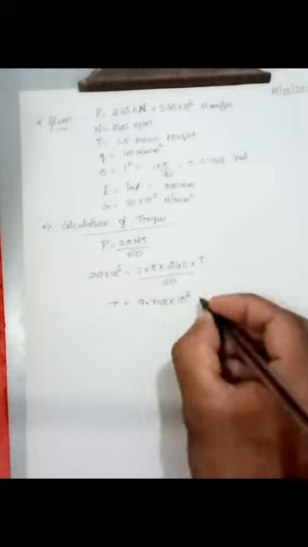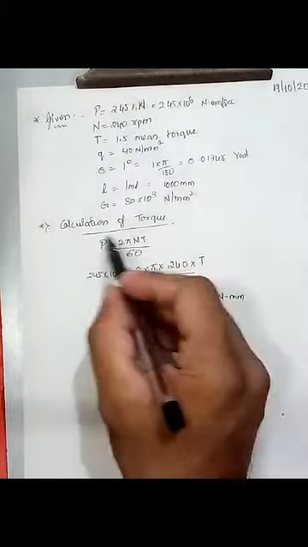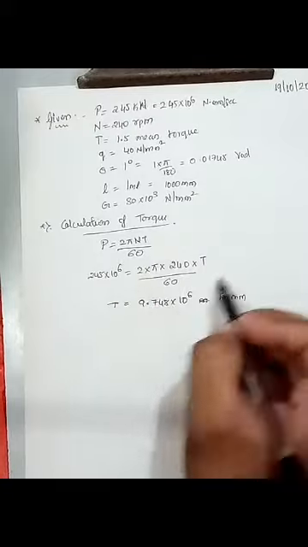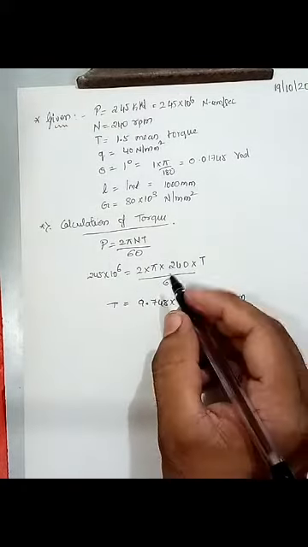From this we get T equal to 9.748 into 10 to the power of 6 Newton mm. This was the calculation I had done.